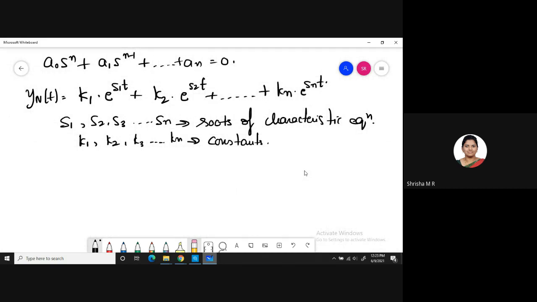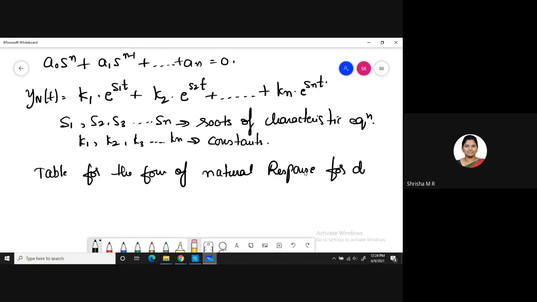So you have a table that summarizes the form of natural response for different root conditions of the characteristic equation.